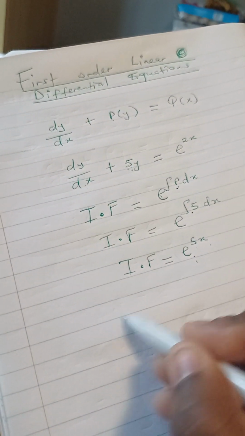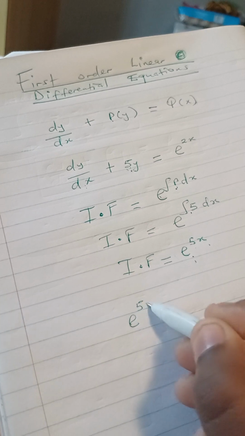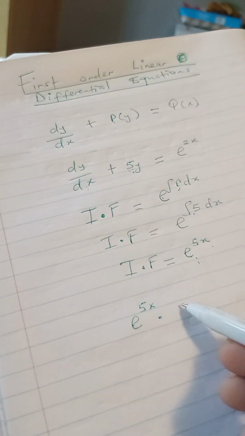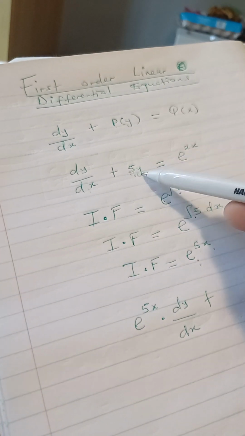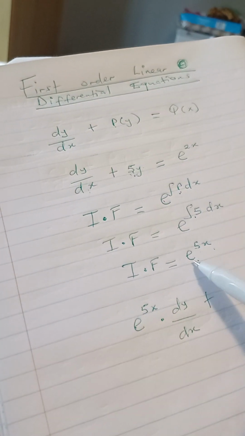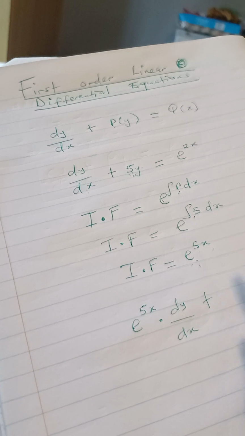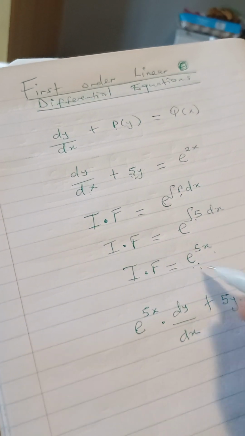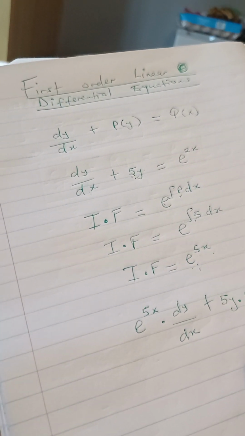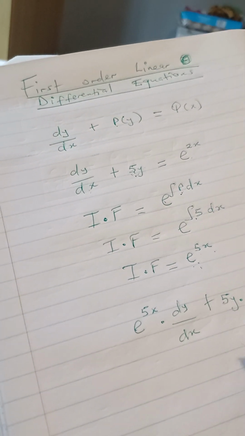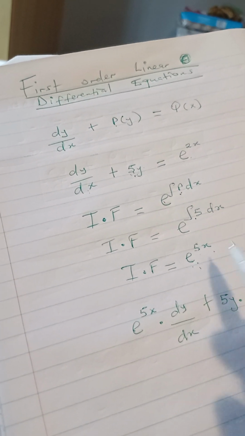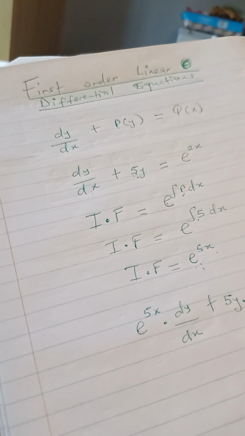So I'm going to get e to the power of 5x multiplied by dy over dx, plus 5y multiplied by e to the power of 5x, is equal to e to the power of 2x multiplied by e to the power of 5x.